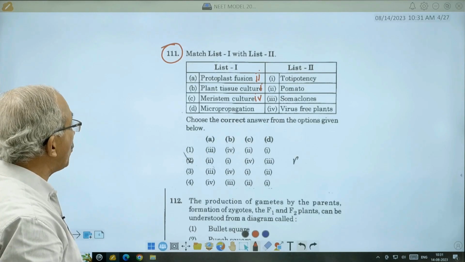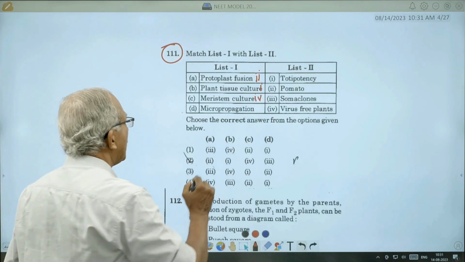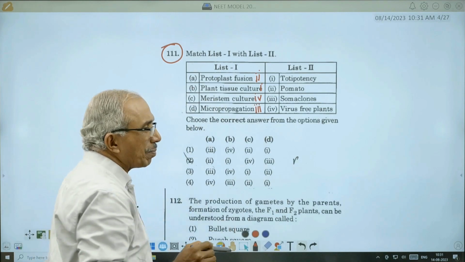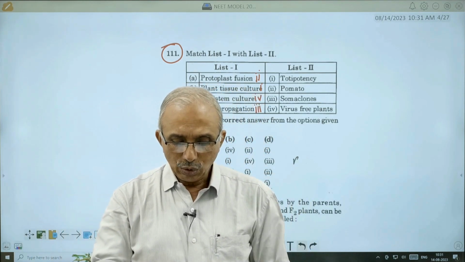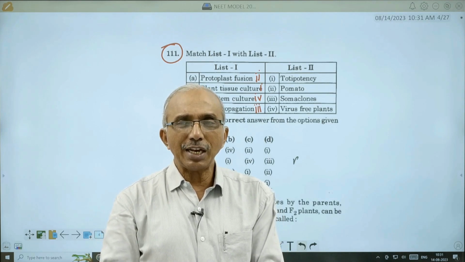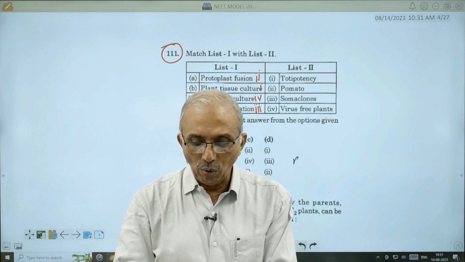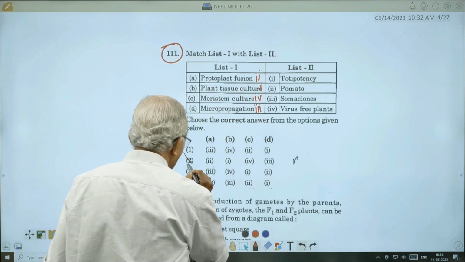Meristems are free from viruses. Micropropagation can be matched with somaclones. During micropropagation, a large number of progeny are produced through tissue culture and they are genetically similar and are called somaclones. Answer is 2.